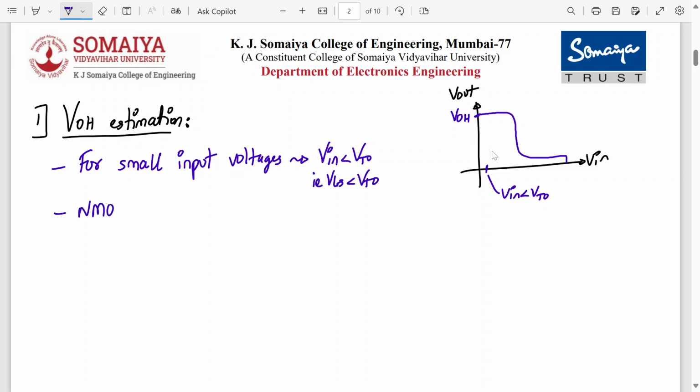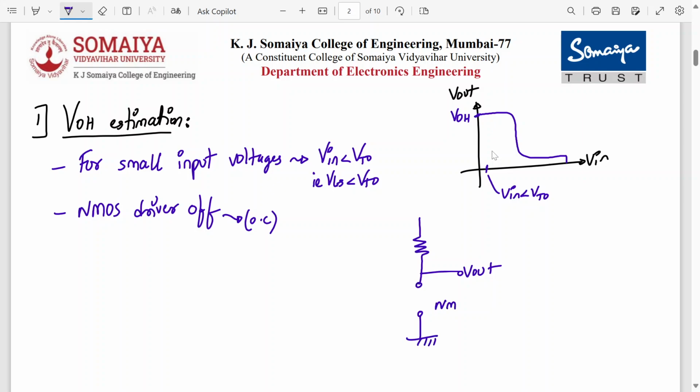My NMOS driver is off. So what do you mean by NMOS driver being off? It will act as an open circuit basically whenever it is off. So we have a resistor, alright, then we have Vout over here. NMOS transistor off means it will behave as an open circuit. So this is NMOS being off.